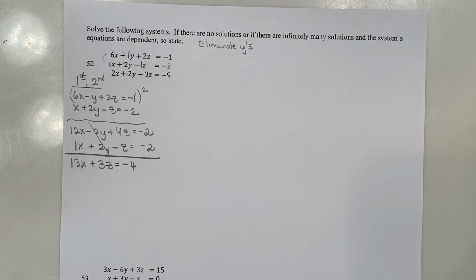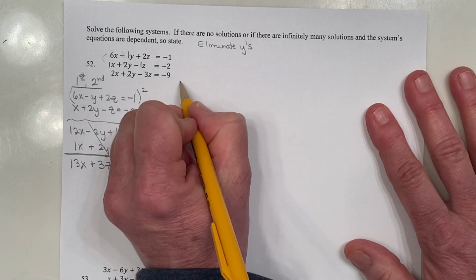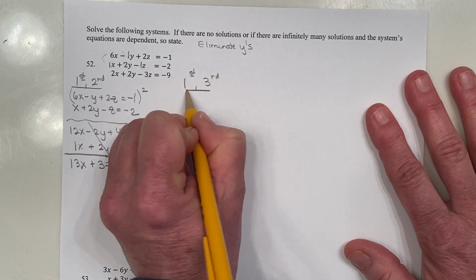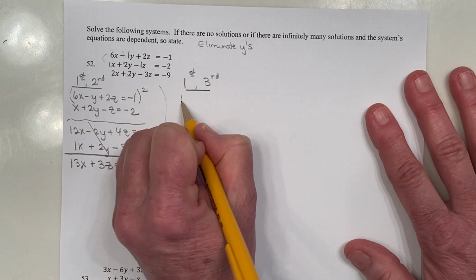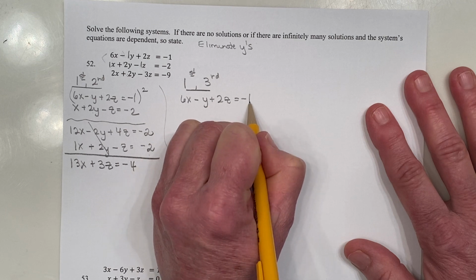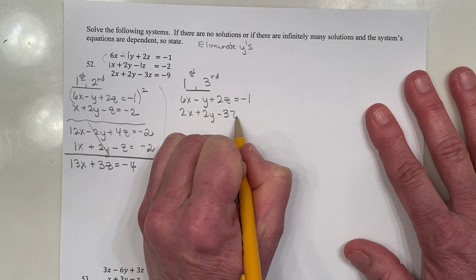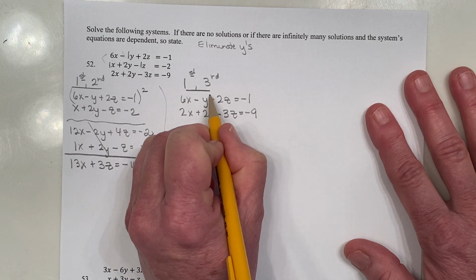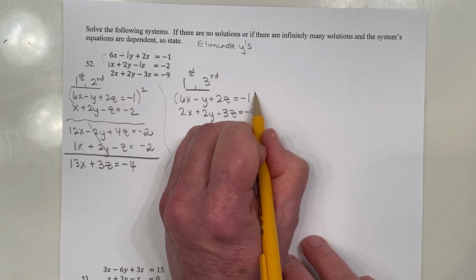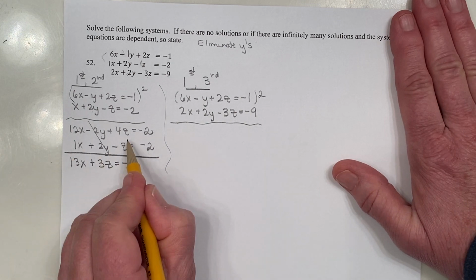Now I'm going to pair the first and the third equation. I want to eliminate the same y's. So I'm going to multiply the top equation again by 2, which I've already done over here.